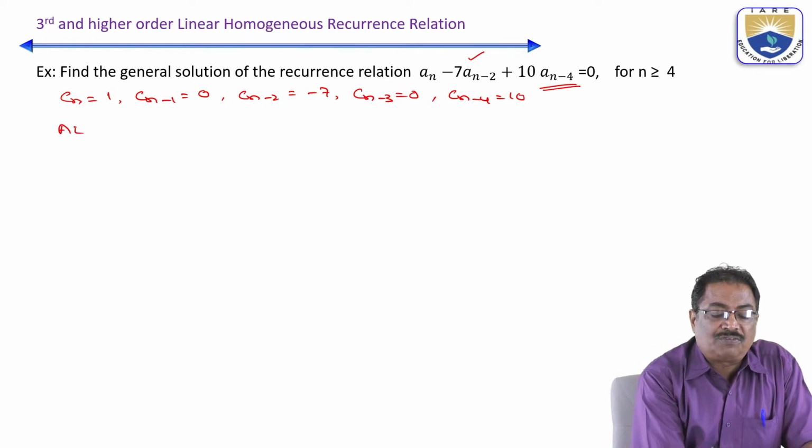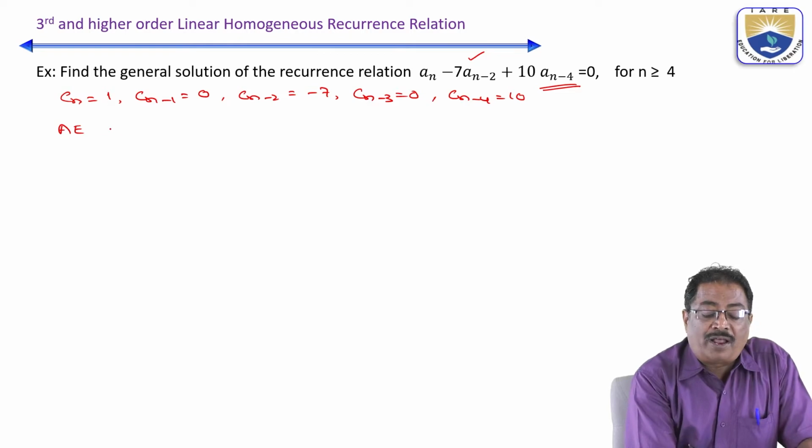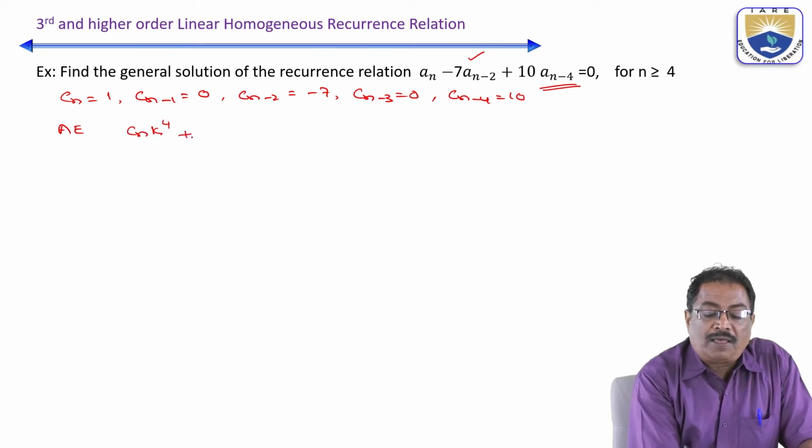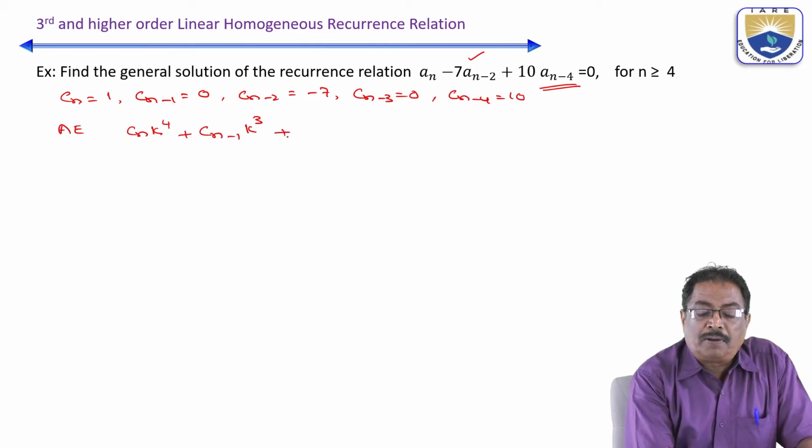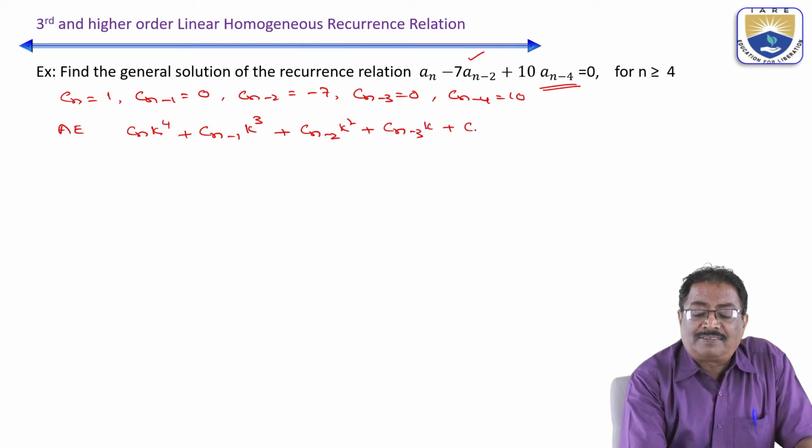The auxiliary equation will become Cn k to the power of 4 plus Cn minus 1 k cubed plus Cn minus 2 k square plus Cn minus 3 k plus Cn minus 4 equals 0.